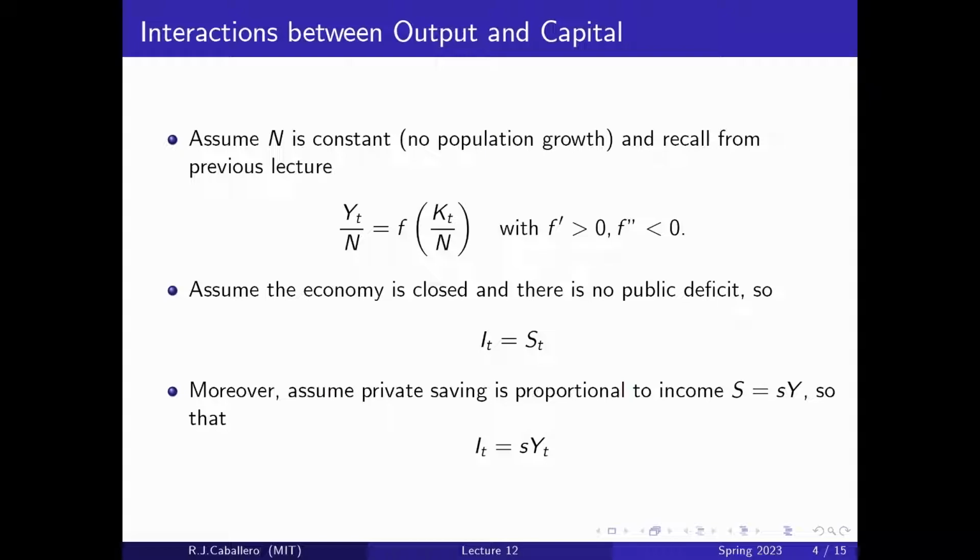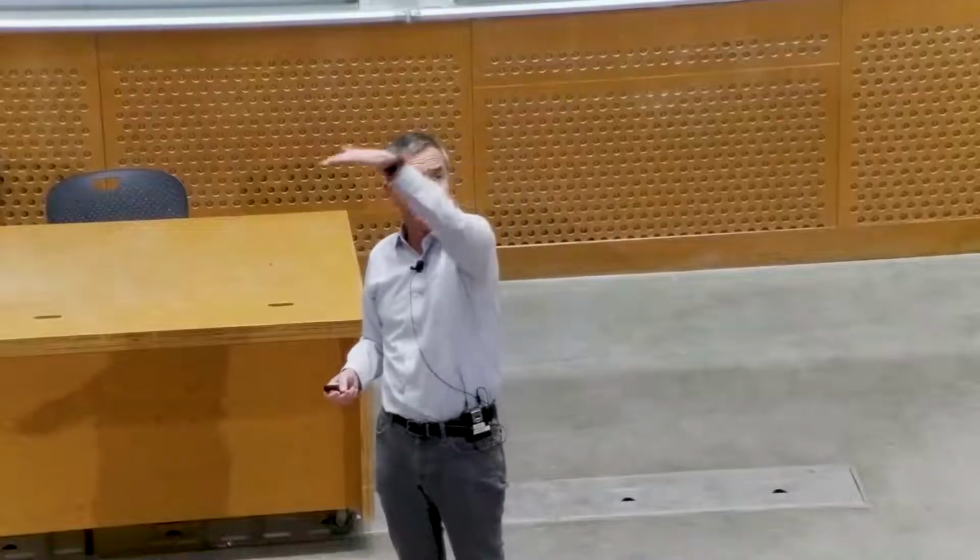Output per person is an increasing function of capital per person, but it's also a concave function of capital per person. Why is it concave? That is, why is it increasing at a smaller pace?